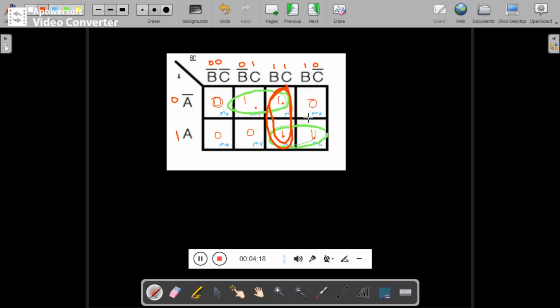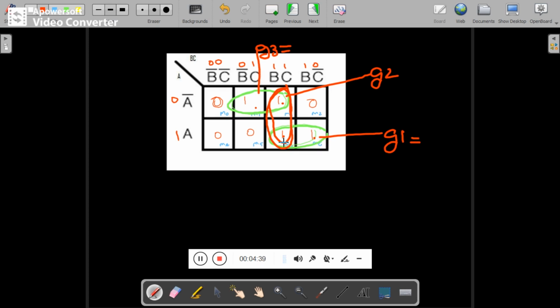So first, while writing, you have to write the answer for all the groups. Let me call this group 1, this group 2, and this group 3. Now let me write the answer for group 1.